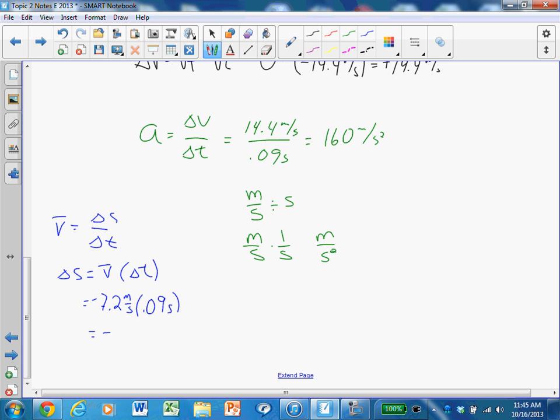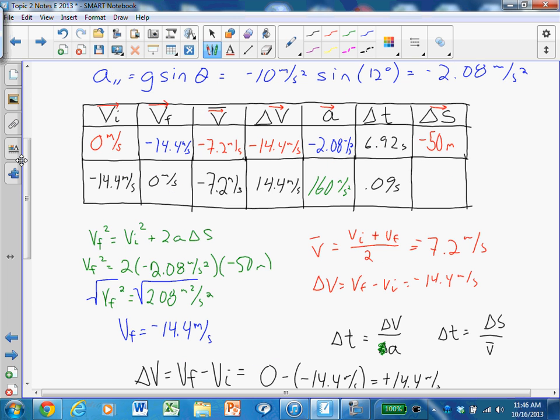Oh, I did it. 0.648, or 0.65 meters. Negative. Why is that negative? Still going down, not very far, but that's the imprint. 0.65 meters is enough to be imprinted.